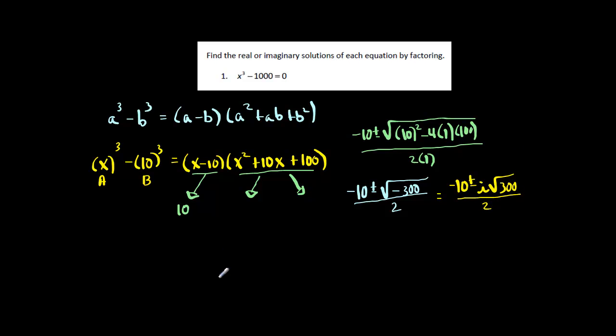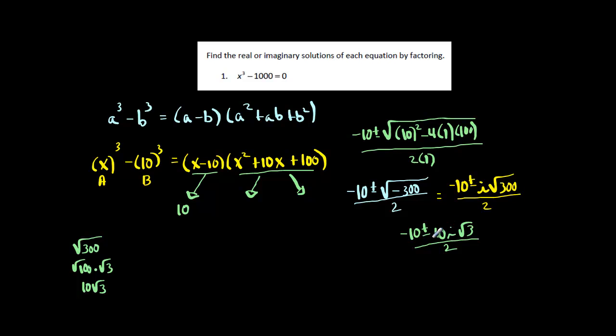Now the root 300, let's just break that down over here. That's the same as root 100 times root 3, which is 10 root 3. So let's rewrite this. 10 root 3 times i is going to be 10i root 3, all divided by 2.